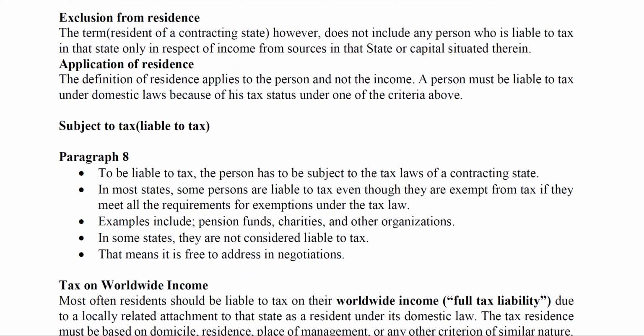So if you only make income from sources within a state, and not worldwide, then definitely you are not resident, because residents are taxed on worldwide income. Do you remember this?